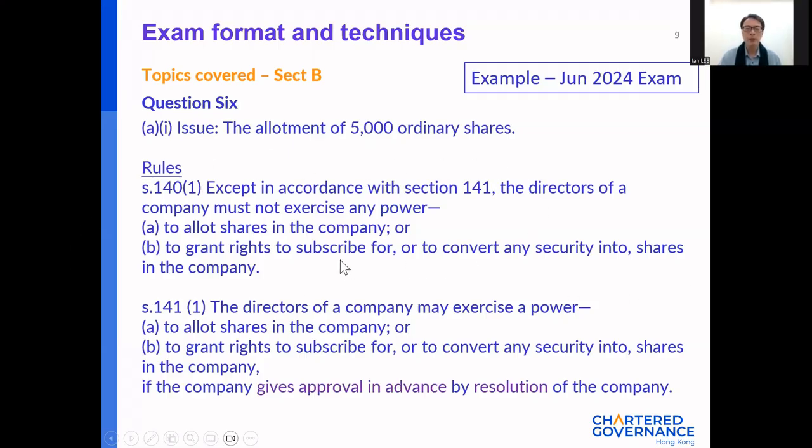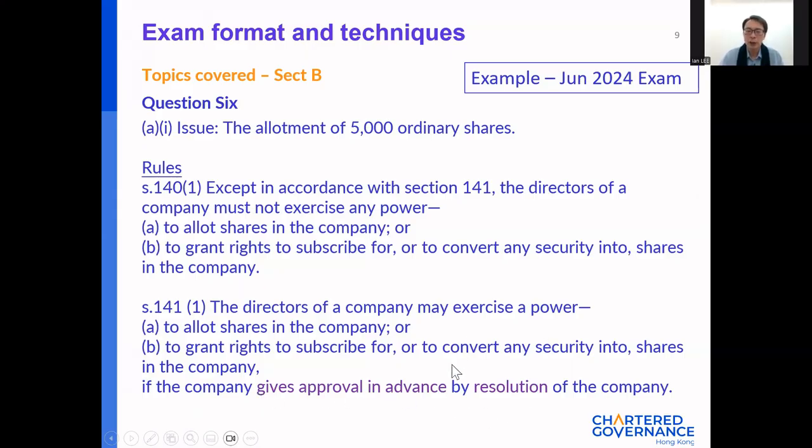You cannot do so unless you have the approval in section 141. So the directors of a company may exercise a power to allot shares in the company if the company gives approval in advance by resolution of the company. Okay, so the requirement is the directors need the shareholders' approval in advance.